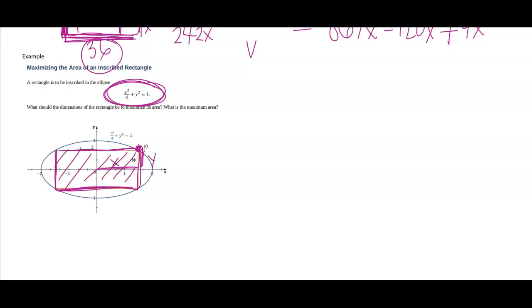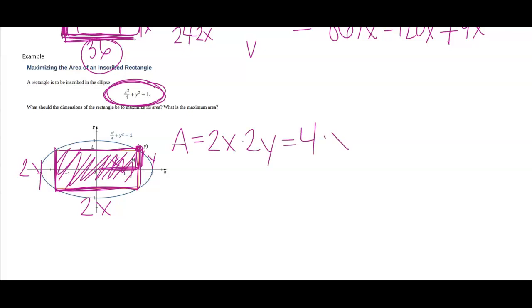So my base is 2x and my height is 2y because only one xy only gets me that much, but I need this whole thing. So I need a length of 2 of those x's and a height of 2 of those y's. So area equals 2x times 2y or 4 times xy.